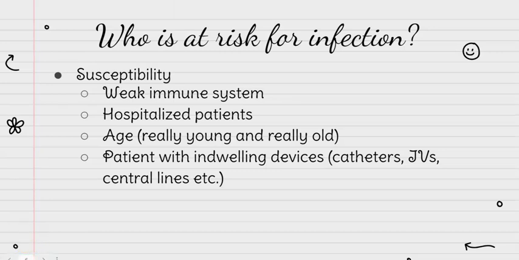In your textbook, they describe all the different host susceptibility factors. So think of skin integrity and mucous membranes, which protect the body against microbial invasion. Even pH levels of the GI and GU tract can change and either make you susceptible or not.